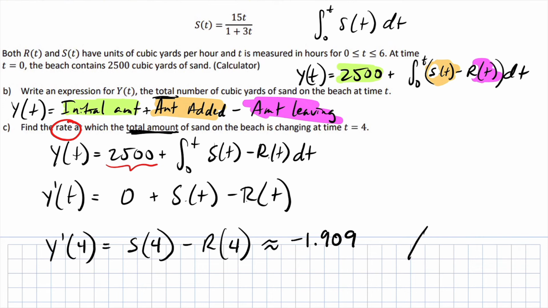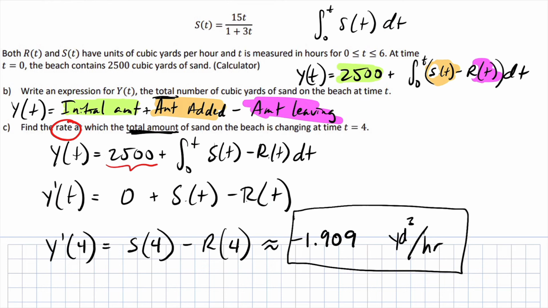What over? Yep. Say it again. There we go. Cubic yards, because that's what it's being measured in, right? And it's over time. What unit of time are they giving us? Hours. Okay.